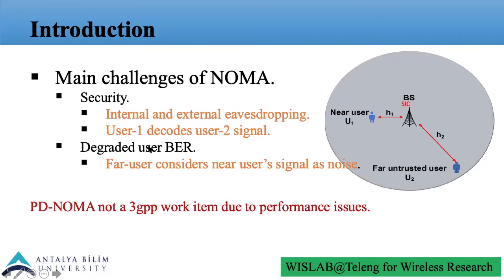Also, we have degraded bit error rate, BER, in the conventional NOMA. So this is also another challenge. Also, power domain NOMA, which is the current NOMA available in the literature, has been rejected by 3GPP as a work item due to performance issues. So as a researcher, you can see that there is a gap that needs to be filled.